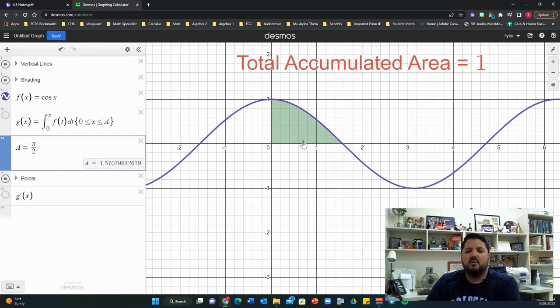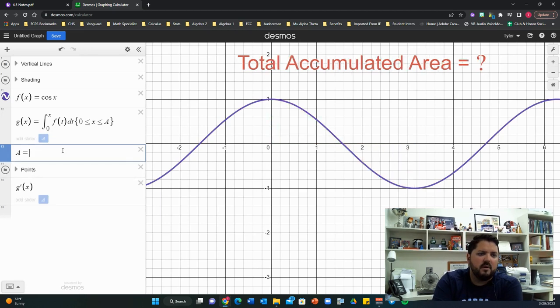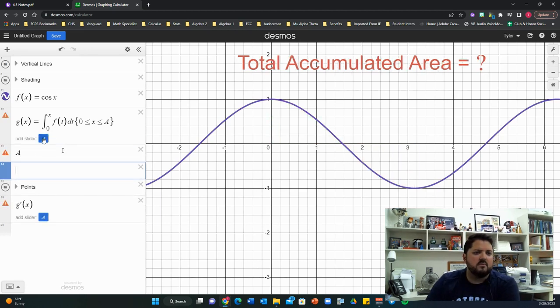When we get to a value of pi over 2, that value or that area has come to an x-intercept of the graph of cosine. So what that means is we are about to pass over from positive y values and a positive area region into negative y values and a negative area region.